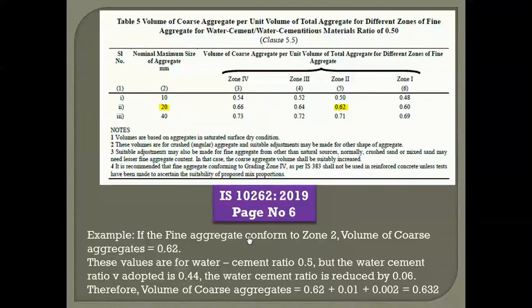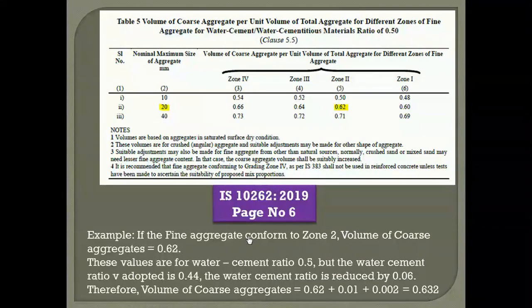For every 0.05 reduction we increase the volume of coarse aggregate by 0.01, so another 0.01 is left, which works out to 0.002. So the total volume of coarse aggregate for a water cement ratio of 0.44 is 0.632.